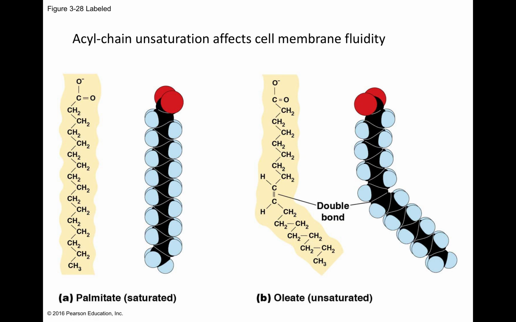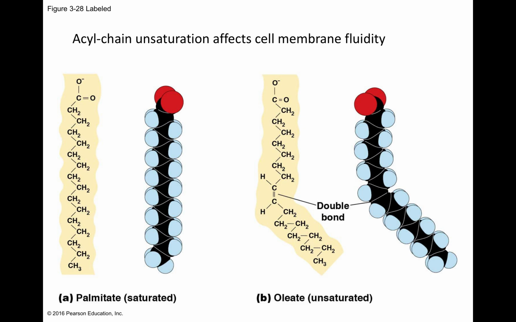You want more space, more double bonds; less space, fewer double bonds. Neither one, you don't want to go to extreme. If your membranes are too stiff, you can't ever open up your membrane to let in a large molecule or to excrete a protein, for example. And so that's no good.